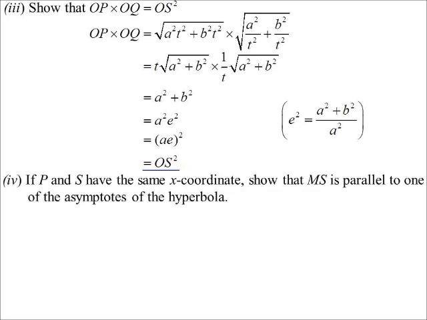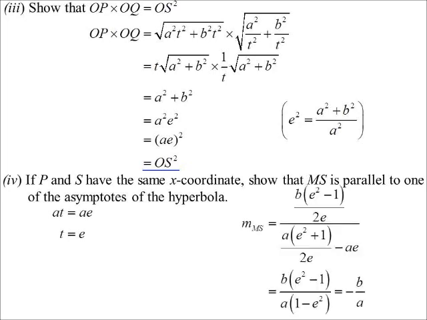Now, if P and S have the same x coordinate, show that MS is parallel to one of the asymptotes. Well, therefore, if P and S have the same x coordinate, and we know the x coordinate of the focus is ae, so therefore at, which was the x coordinate of the point P, at must equal ae, so our parameter we're playing with is actually e, not t.